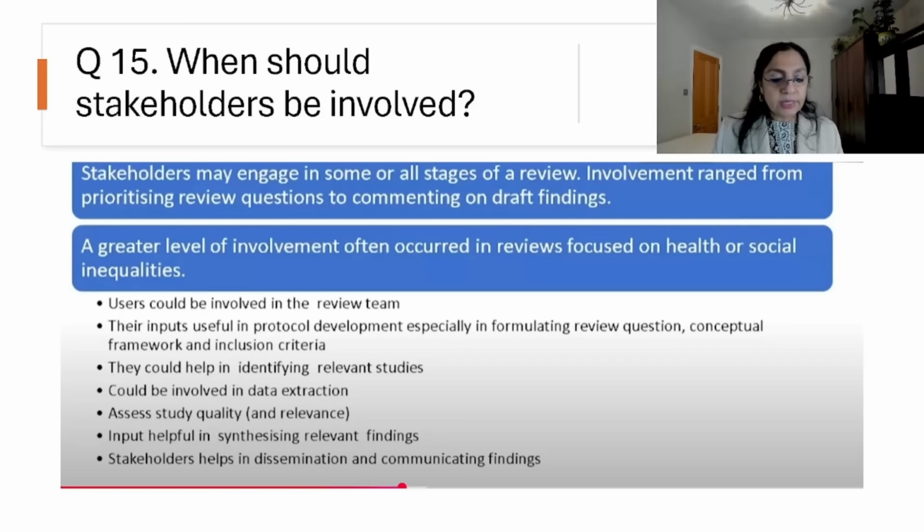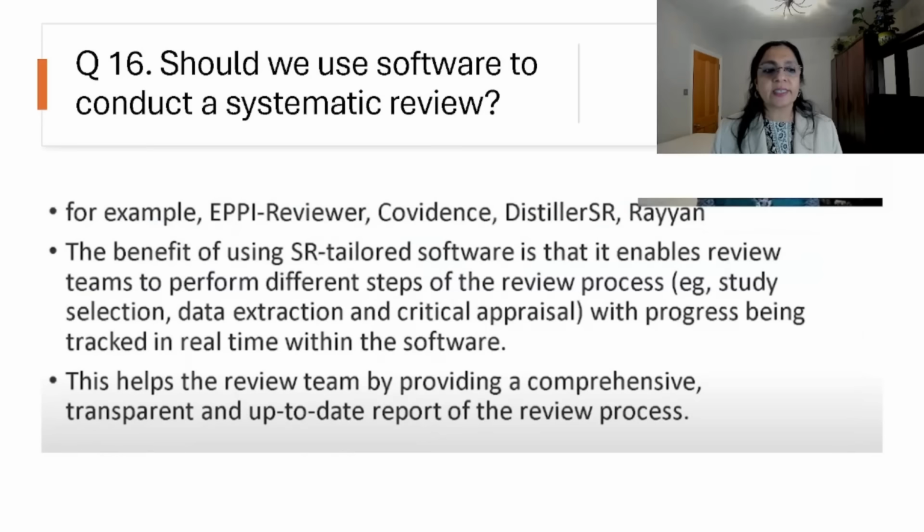They provide input helpful in synthesizing relevant findings, and they are very useful in dissemination and communicating the findings. We have some examples of involving stakeholders, and they contributed a lot to the review's relevance, enhanced its quality, and actively contributed in disseminating the review findings.